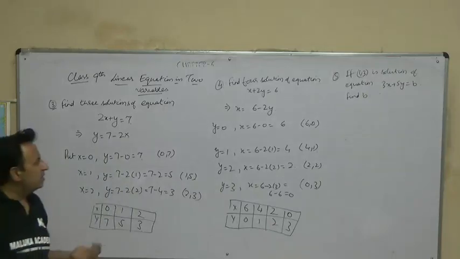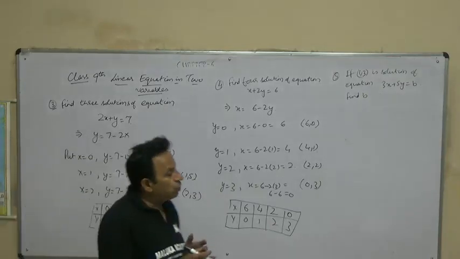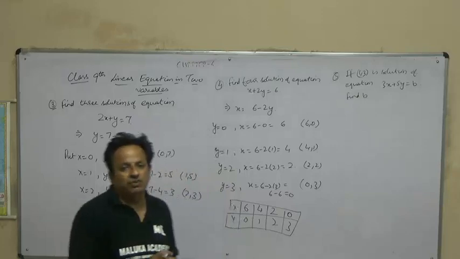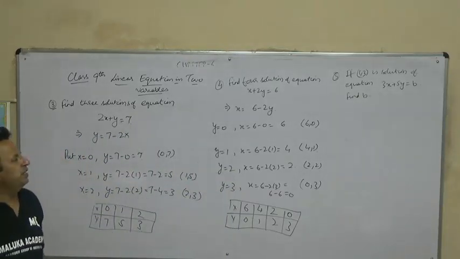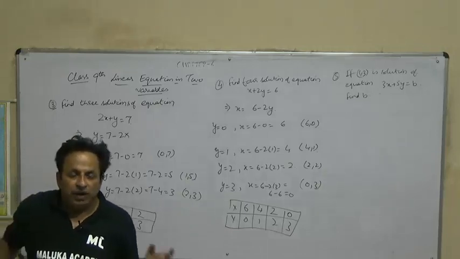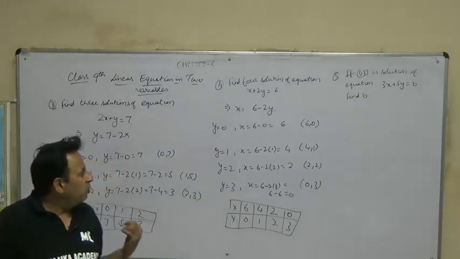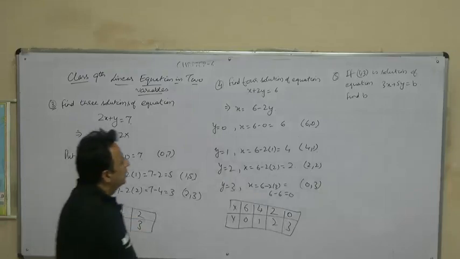We are given that (1, 3) is the solution of the equation 3x plus 5y is equal to b. So if (1, 3) is the solution of this equation, we will put for x the value 1 and the value of y as 3.